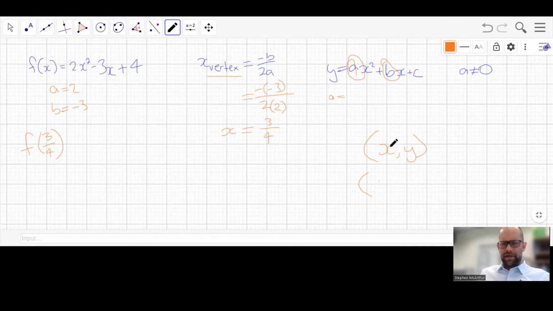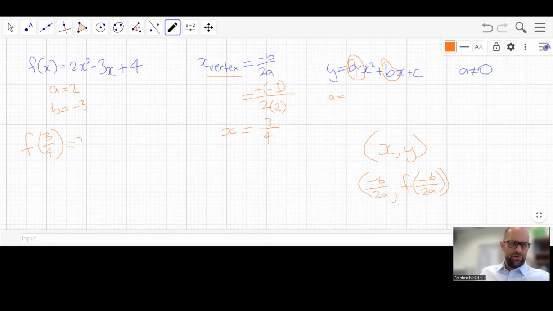We now know the x is 3/4, but we also need to figure out the y. The way we figure out the y is to put this number back into the function. We used x of the vertex equal to negative b over 2a, using our values from our quadratic, and got x equal to 3/4. Now I need to figure out what this equals.